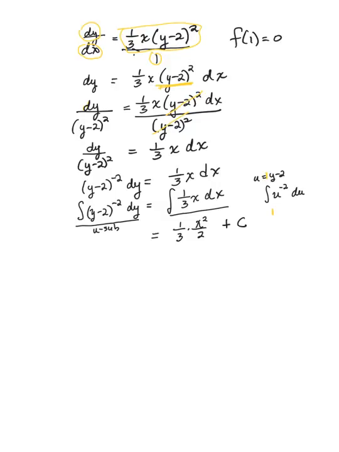So we could proceed by saying that the answer will be 1 times, and the antiderivative of u to the negative 2 is u to the negative 1 divided by negative 1. So here we would have y minus 2 to the negative 1 divided by negative 1. And that's it. We're done.